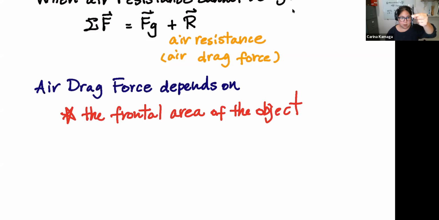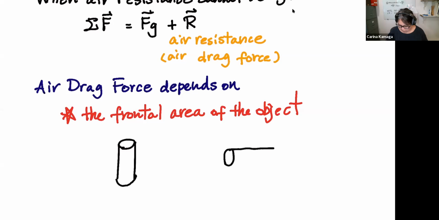Or if the pen is dropping down vertically, do you think the air resistance will be larger, same, or smaller? So the same object, but in one case it's falling like this, and in the other it's falling like this. They're going to experience a different air resistance force.